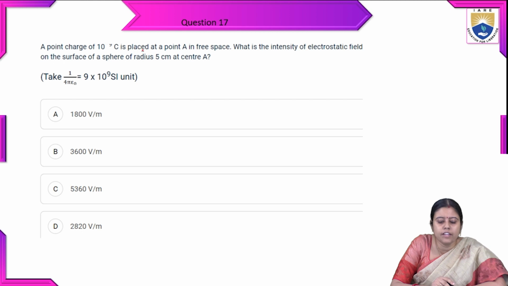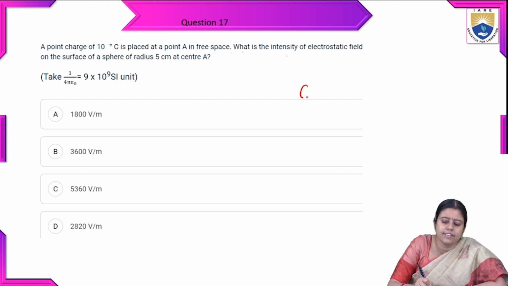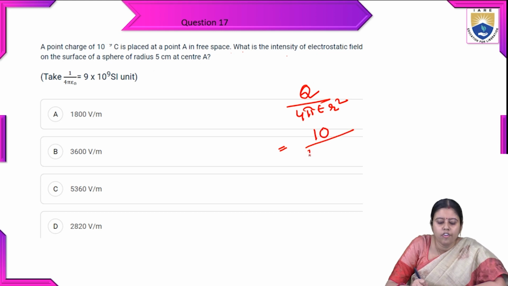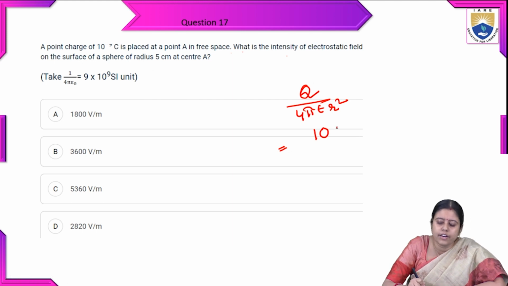A point charge 10 coulomb is placed at a point A in free space. What is the intensity of the electrostatic field on the surface of a sphere of radius 4 cm at the center? It is the easiest question. E is Q by 4 pi epsilon r square. What is the value of Q? Q value is 10 coulomb, and 1 by 4 pi epsilon, they told us to take as 9 into 10 to the power 9. And what is r square?